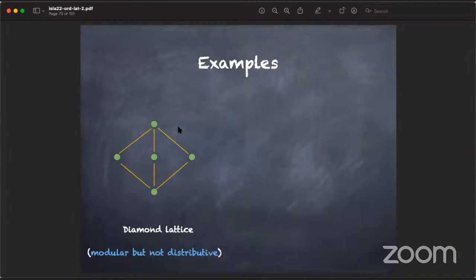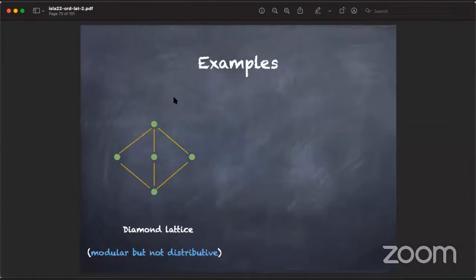Let's say the identity subgroup, then let's say E, A, B, AB. These are the three non-identity elements. So you have the set containing E at the bottom, then the sets containing E, A; E, B; and E, AB will be in the middle. And the whole group will be at the top.